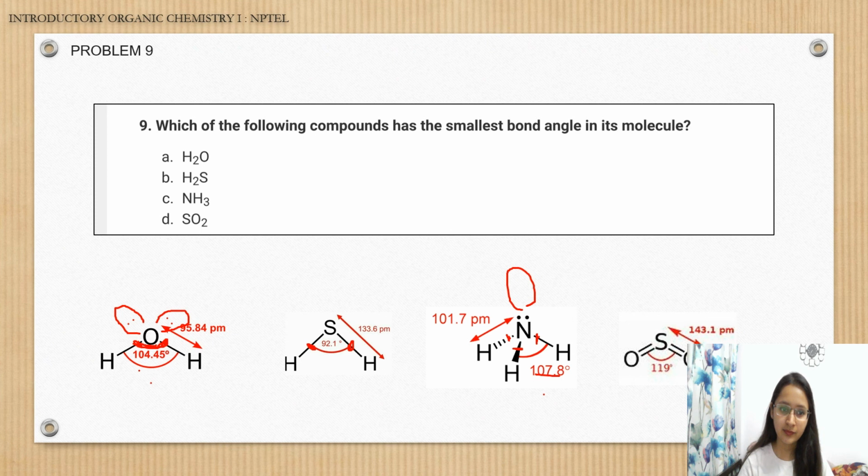Can anyone answer that? Any guesses? Why is it that? Are you guys able to understand my question? What I'm asking? See, what I'm asking here is that oxygen is more electronegative than nitrogen.